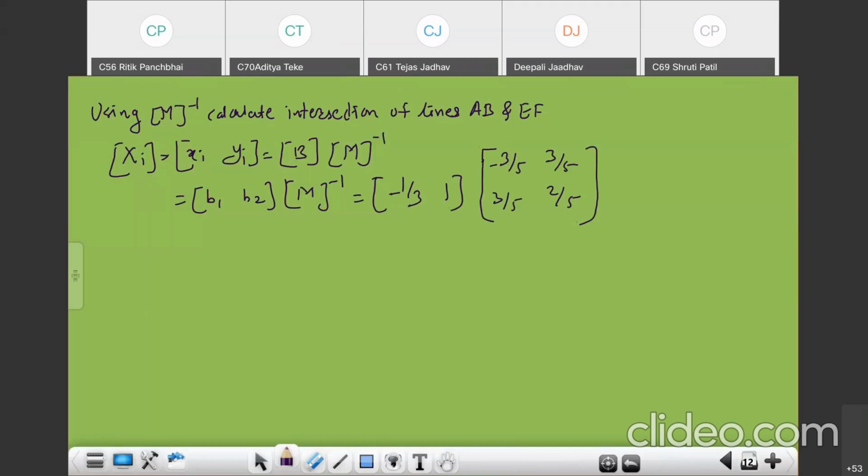After multiplying these two matrices, xi, yi is equal to 4 by 5 and 1 by 5. This is the intersection of the original lines.